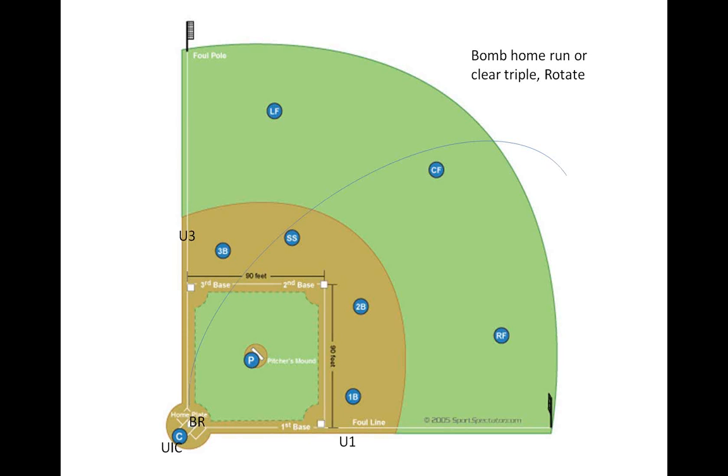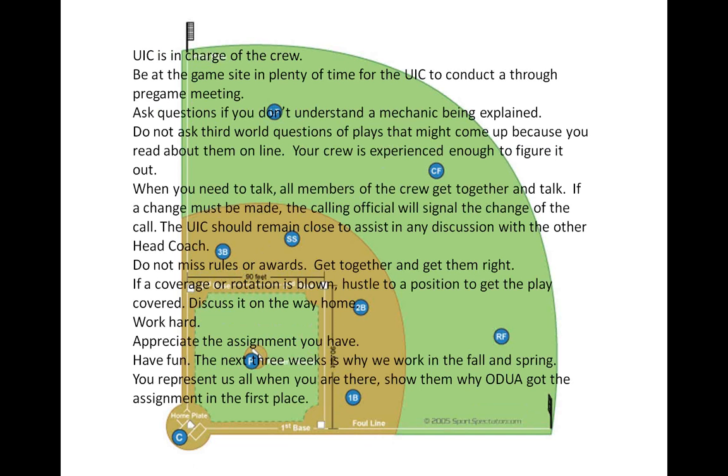This would also be the same on a dead red triple that is on a line and is a possible triple. We're going to be in a full crew rotation and UIC there at third base to make that call at third base. Basically, that's all I have for graphics.